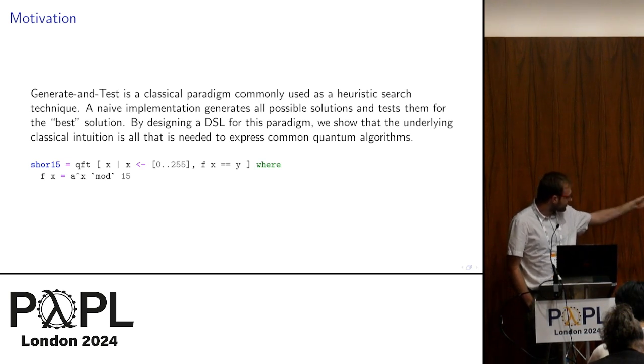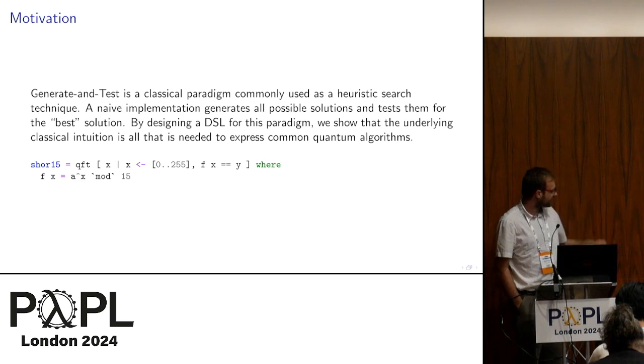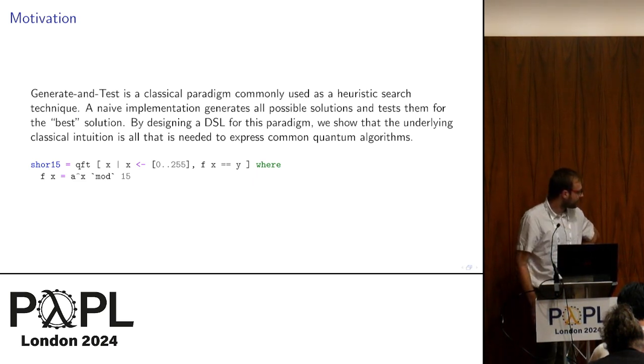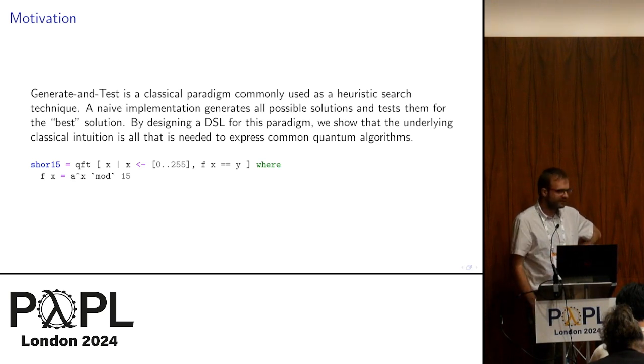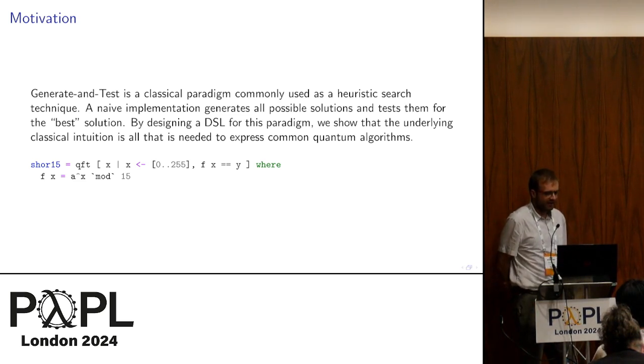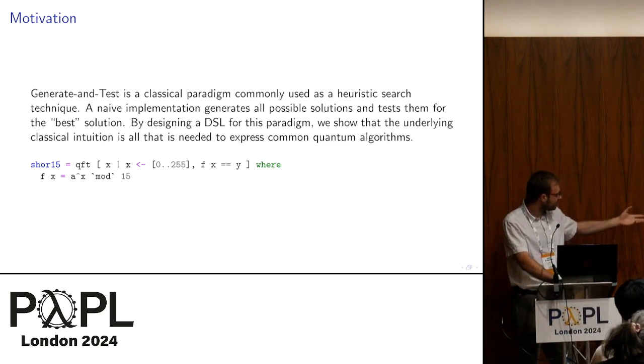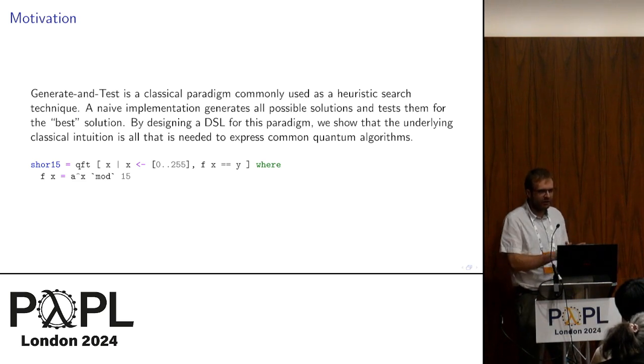What you want to do is you generate all possible inputs x, you apply some function, in this case it's a modular exponentiation function, and then you filter the results so that you only get inputs consistent with a particular output. And then the only quantum magic here is this quantum Fourier transform that you apply at the end, and that allows you to then find the period. But our goal is to kind of abstract that away so that you only have to think about these classical steps.